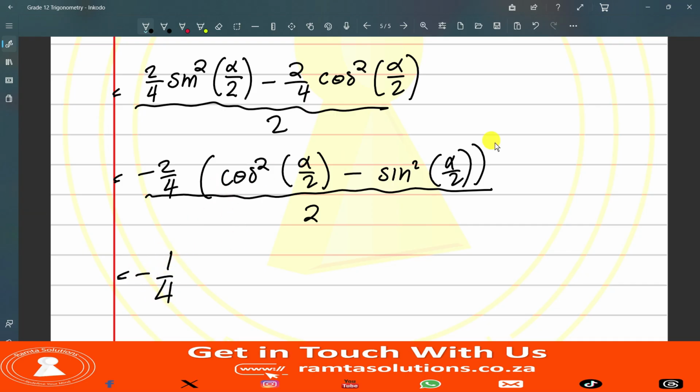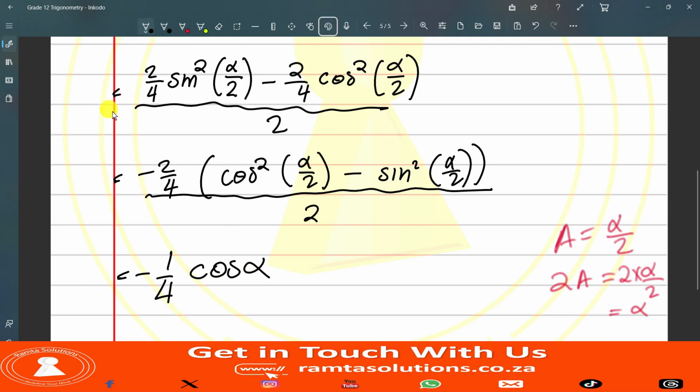And this guy here, let me just talk about him. If A equals alpha over 2, what is 2A? 2A will be 2 times alpha over 2, meaning 2A equals alpha. So our double angle here is cos alpha.